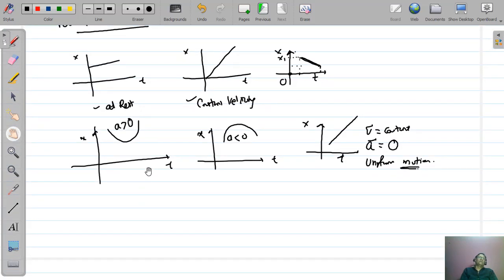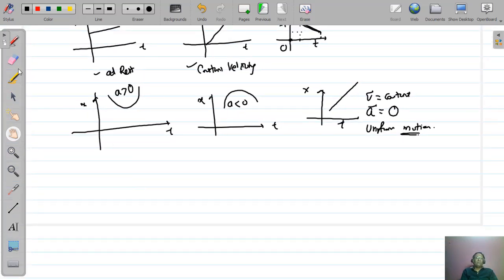Hence, we can say that the slope of the position time graph gives velocity. The slope of the velocity time graph gives acceleration. Similarly, if we take the reverse, that is, if we are given an acceleration time graph, then from t1 to t2, the change in velocity we can find by the area of the graph.